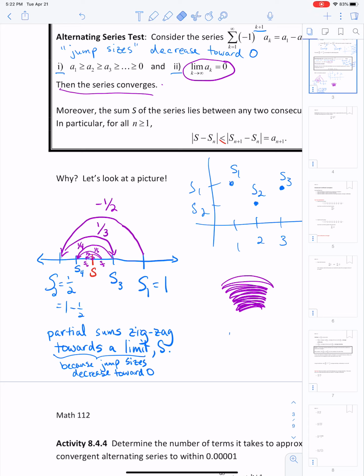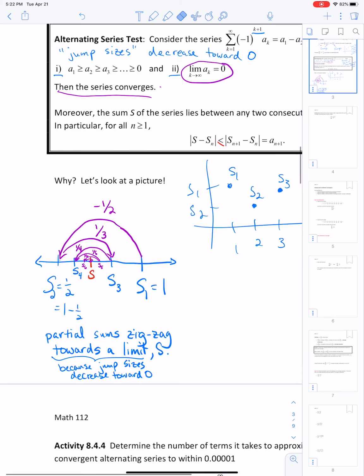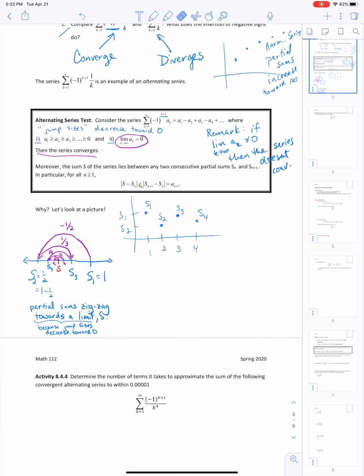So I just want to point out that that's a pretty strong requirement here. In fact, as I remarked up here, if the limit of those jump sizes is not 0, then already the divergence theorem says that the series won't converge.